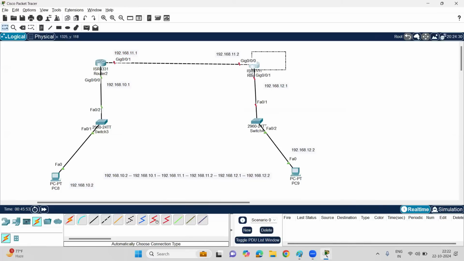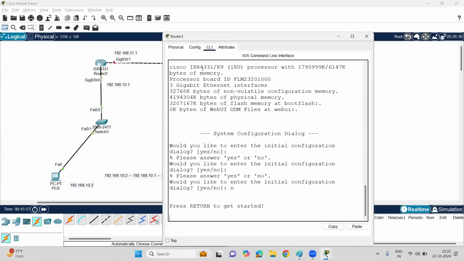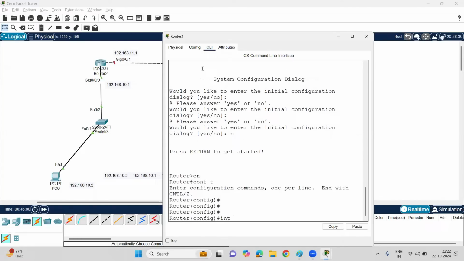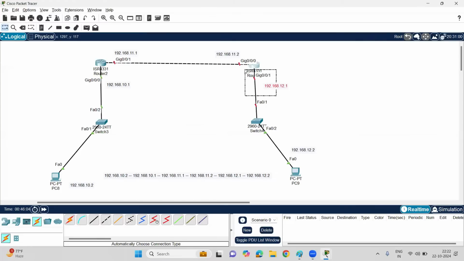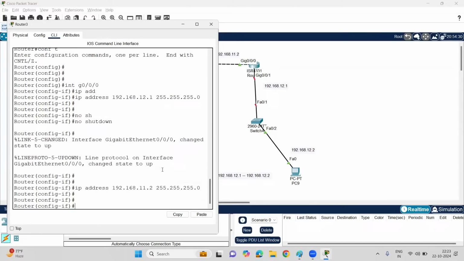Now let's provide the IP address to this router also. Enable, configure terminal, interface G0/0/0. The IP address must be 192.168.11.2. Clear?